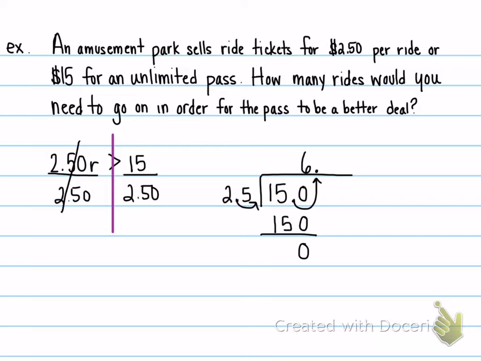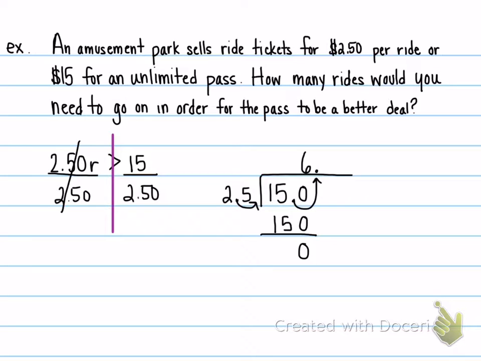So what that's telling you is that if you go 6 times, it's going to be $15, because 6 times 2.50 is 15. We want it to be greater than 6 because 6 times would be equal to the amount.